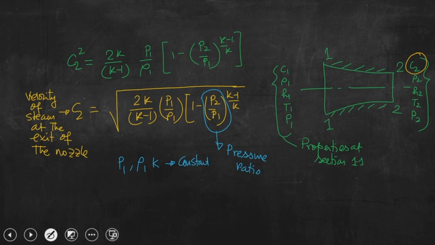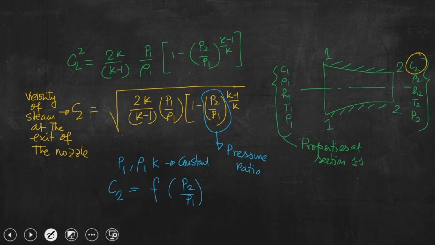If we fix the temperature and pressure, then density will be constant at that particular location. So, if the pressure, density and the index of expansion, these three, are constant at the inlet of the nozzle, then the exit velocity is a function of P2 by P1, the pressure ratio. Under this condition C2 is only a function of pressure ratio P2 by P1, right.